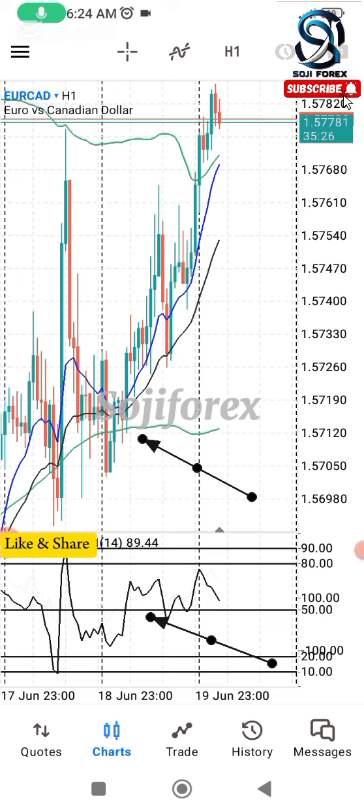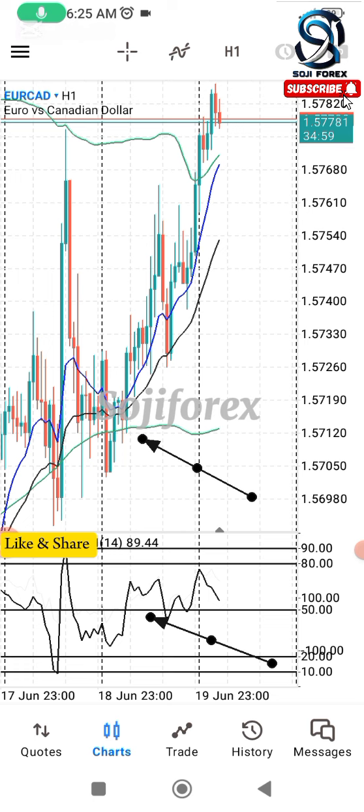I want you to backtest this strategy. Do not conclude that it's not working. Take 10 trades out of this particular video that you are about to watch. At the end of your 10 trades, please, I want to get your feedback in the comment section. At the end of your 20, let me know whether you end up in a loss or in a profit.